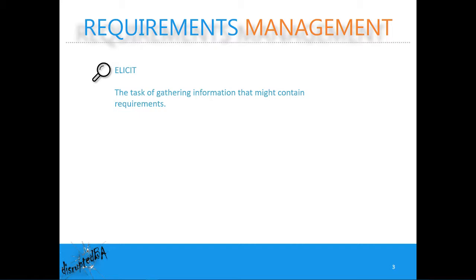I say might because, as I'll repeat later on, this is about collecting information and not validating. So you might collect a lot of information that does not really contain the actual requirement. But still you need to collect that information because you need to make sure that you don't miss something, you don't discard something that might be valuable at a later stage.